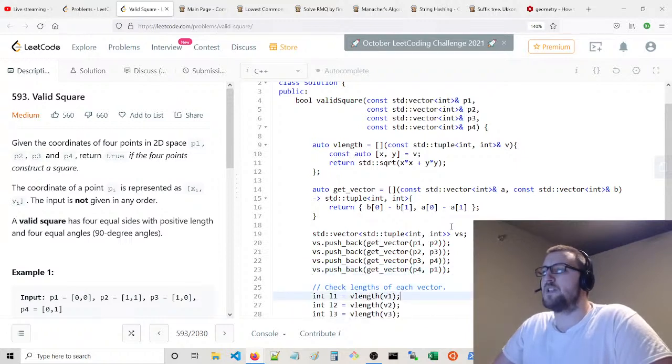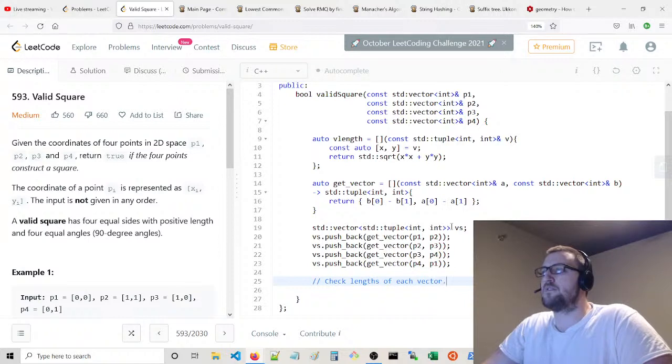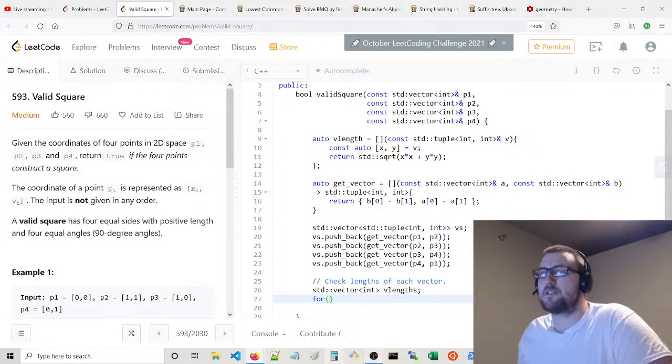Okay. Check the lengths of each vector. Say vector lengths for, really this is a map routine we're going to do here, more or less.